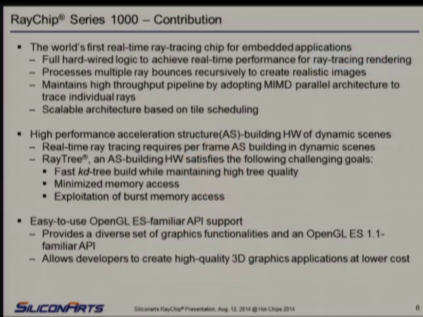It is an acceleration structure building hardware unit which has been added to meet the high performance requirement for per frame acceleration structure building. Lastly, an easy-to-use API allows developers to create high quality 3D graphics applications at lower cost.